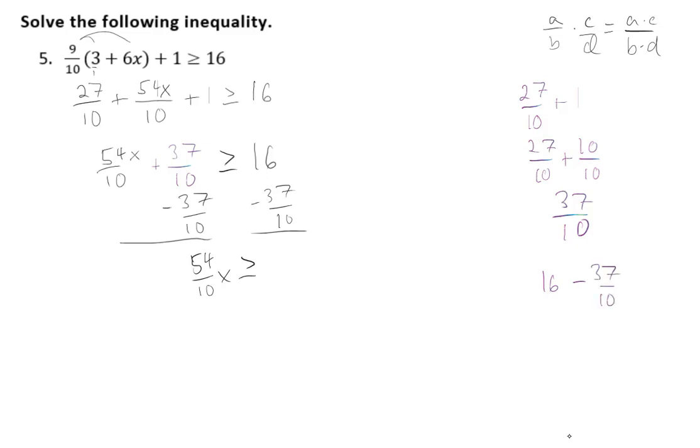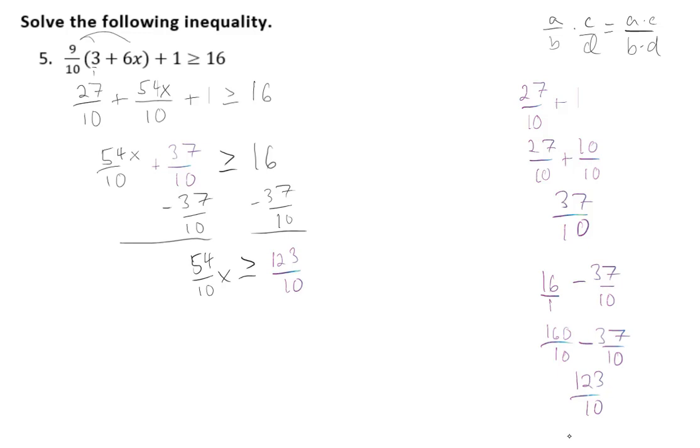So 16 can be written as 16 over 1. So that's 160 over 10 when I multiply top and bottom by 10, minus 37 over 10. 160 minus 37 gives us 123 over 10.